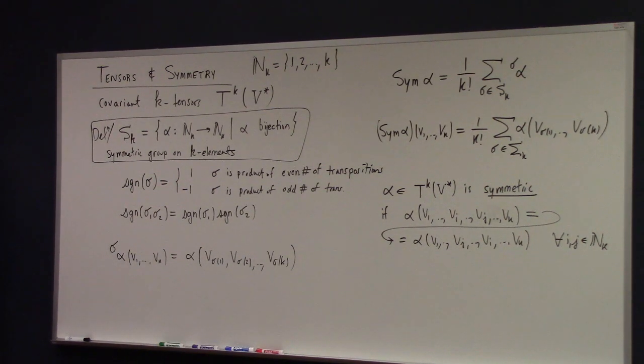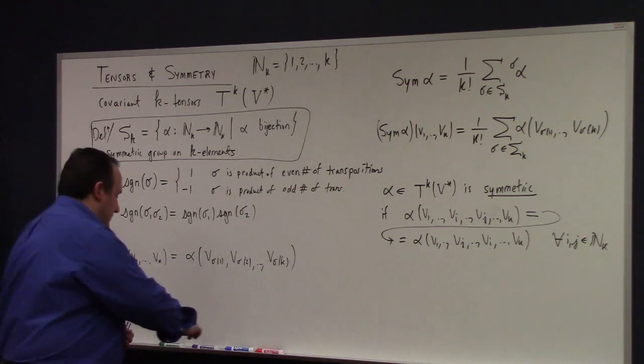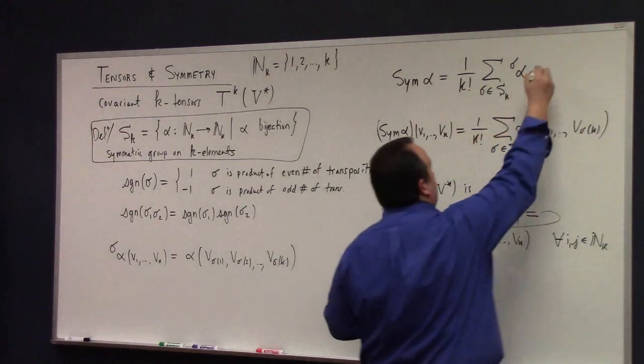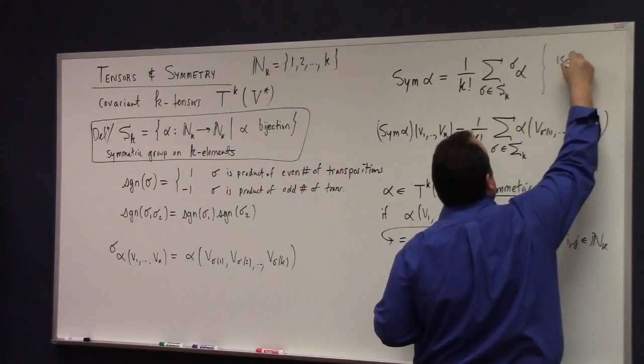So he proves on pages 314 to 315 that if you take any old tensor alpha and run it through the symmetrization, it produces a symmetric tensor. So proposition 12.14 says this is symmetric.